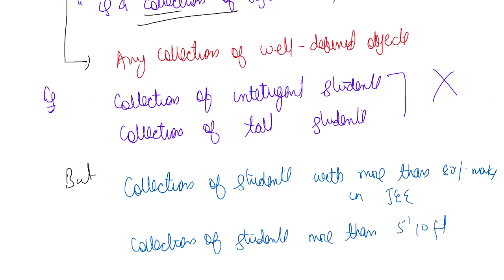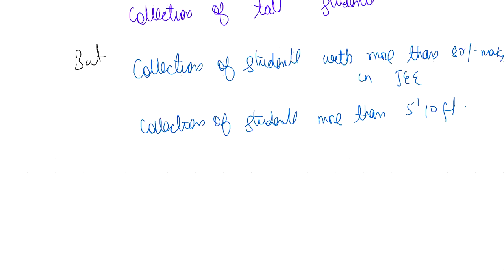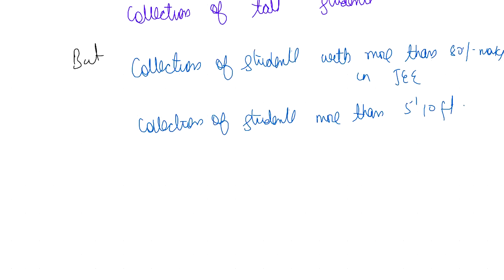So now we have tried defining our collection. So that is primarily a set now. Okay. So this was about set. Now there are many ways to define a set. We can define set primarily in two ways.